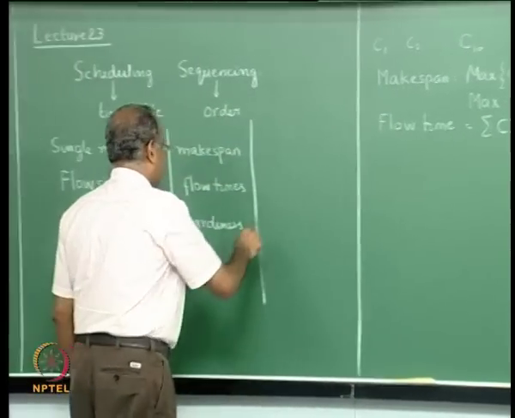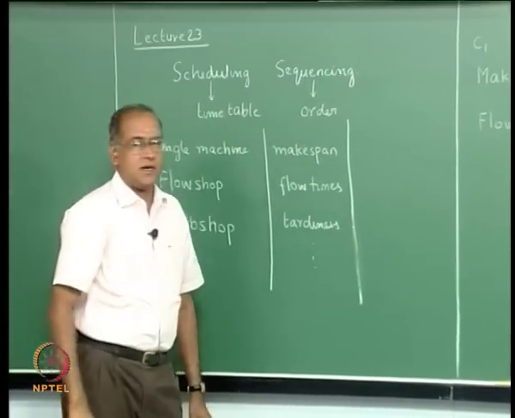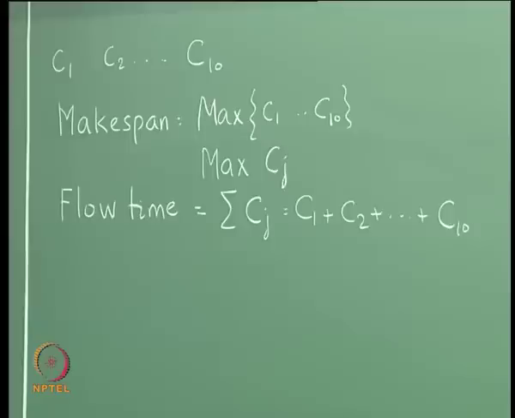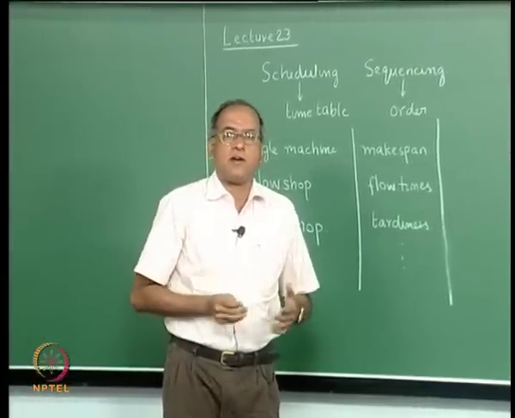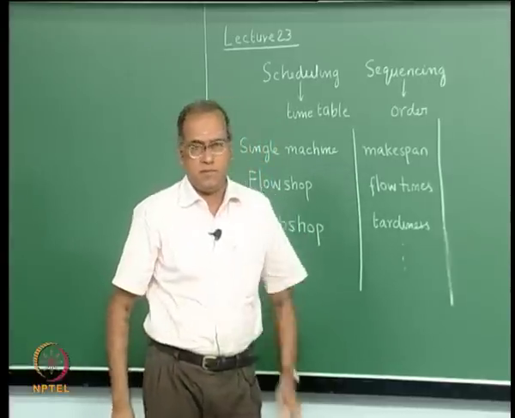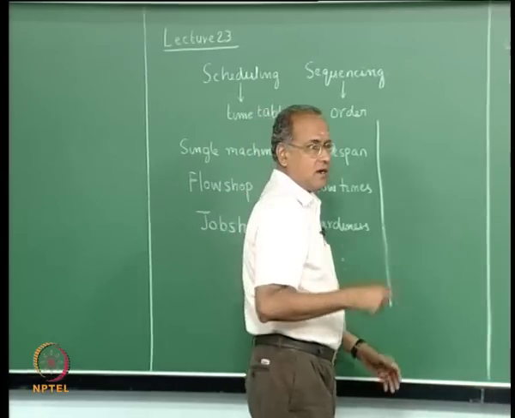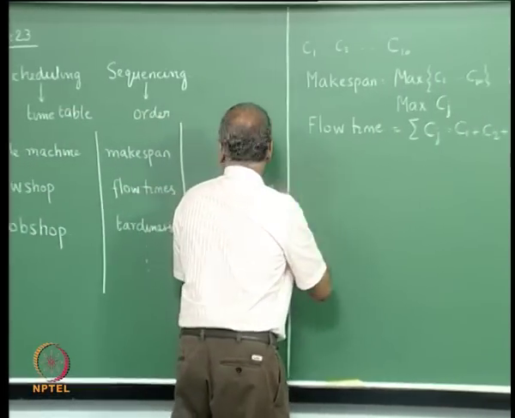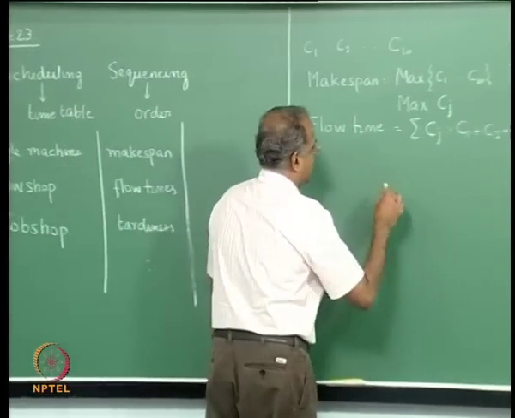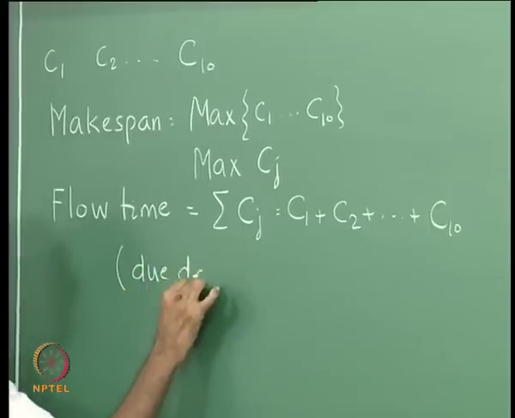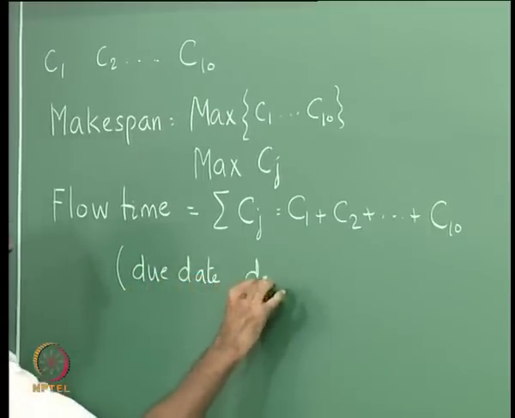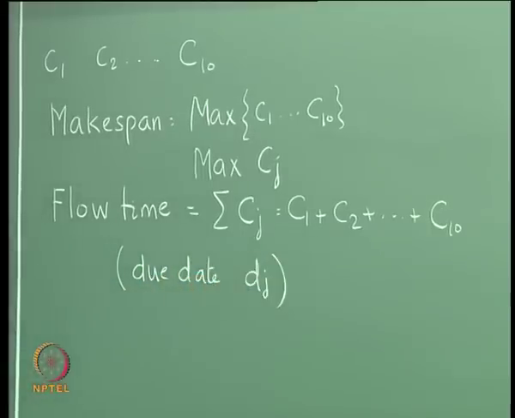The third objective that is often used is called tardiness. Sometimes it may not be possible to deliver all the products in time. So, each product or part has what is called a due date, which is given by dj for job j.